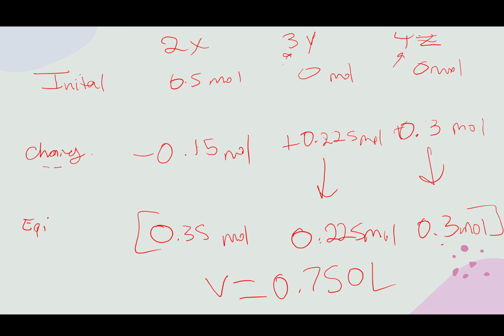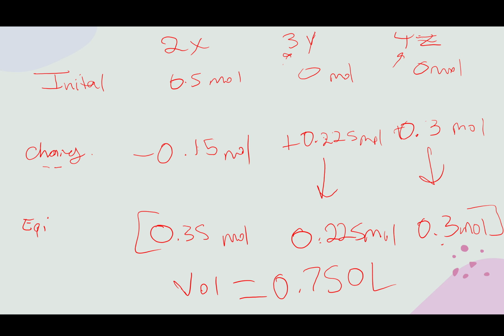Isn't that true? Yes, sir. Alright. So the volume is there, and concentration is number of moles over volume. So all you have to do now is divide all the equilibrium moles by 0.750 to get your molarities, and then plug them into the equation, and then you can get Kc.